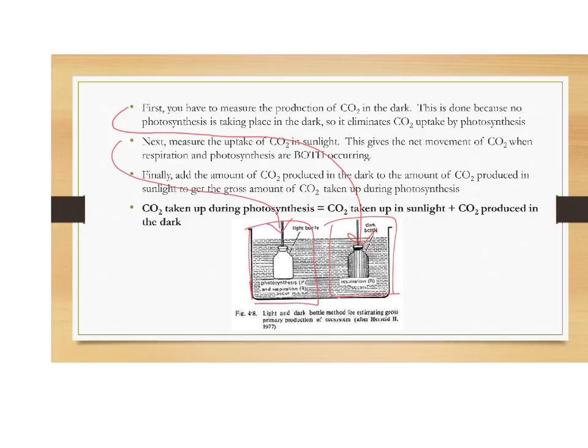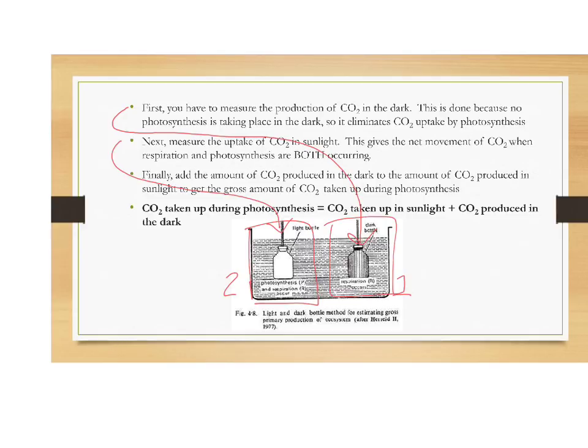So the third step is you add the amount of carbon dioxide produced in the dark, that's step 1, to the amount of carbon dioxide taken up in sunlight, that's step 2, to get the gross amount of carbon dioxide taken up during photosynthesis. So here's what the equation looks like.